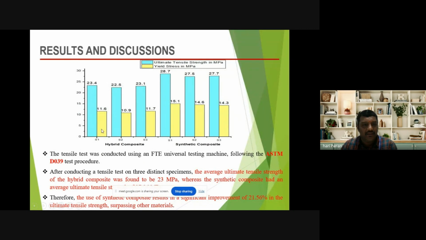The hybrid composite holds a higher value of 23.4, and in synthetic composite the higher value is 28.7, where the yield stresses are 11.7 in the hybrid and 15.1 in the synthetic composite. So this is about the ultimate tensile strength in megapascal and the yield strength in megapascal. And we can see the use of synthetic composite results in a significant improvement of 21.56% in ultimate tensile strength, surpassing the other material.